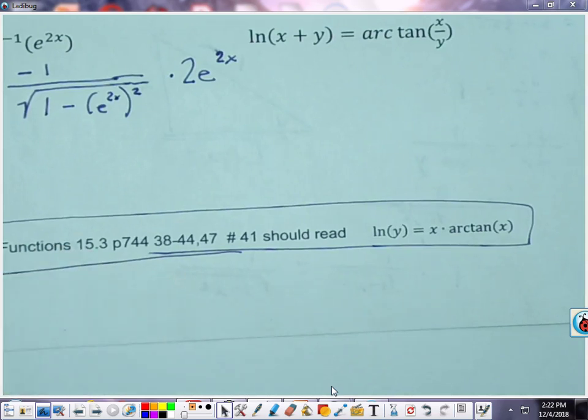So the log ones will be turned in as their own thing, and then the inverse trig things will be turned in as their own thing. So we can do 20 or 40. I don't know for sure. I didn't check to see how many of them were implicit. But if the y is not isolated, then you could have trouble, but you kind of know enough. So we worked with this before.